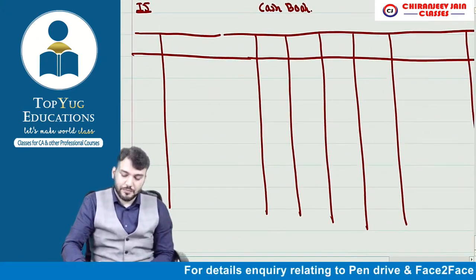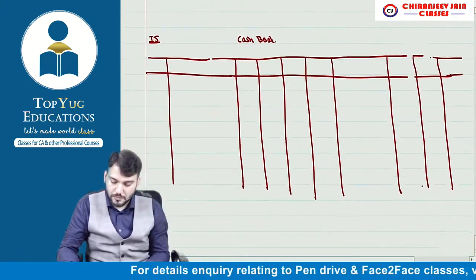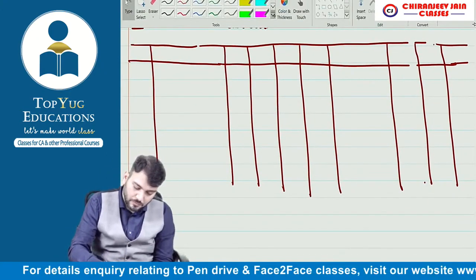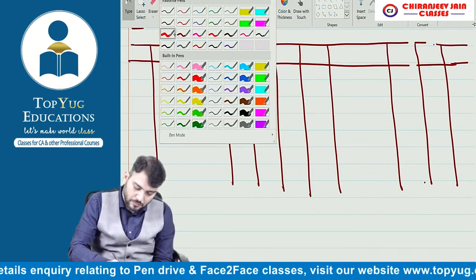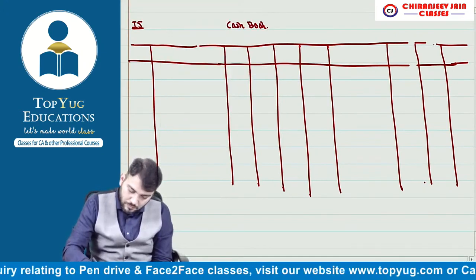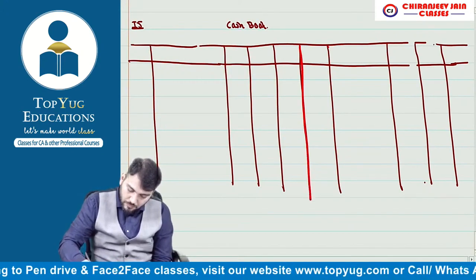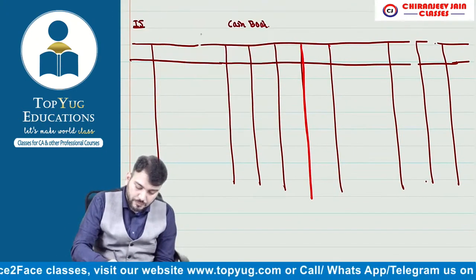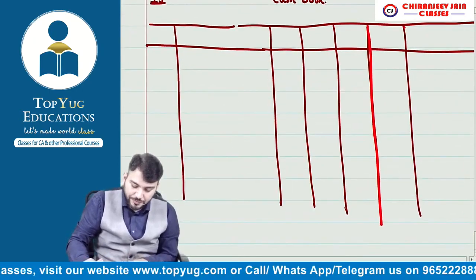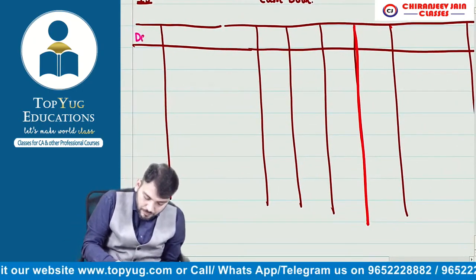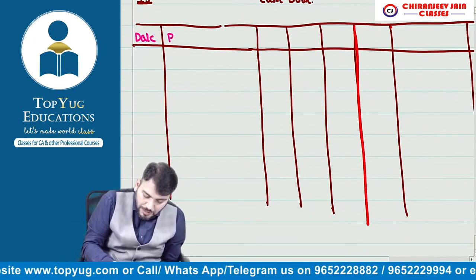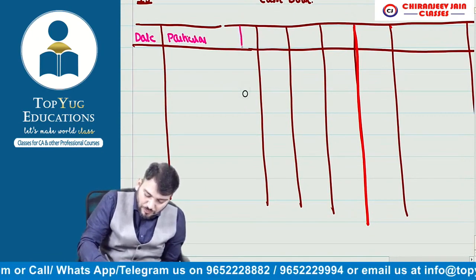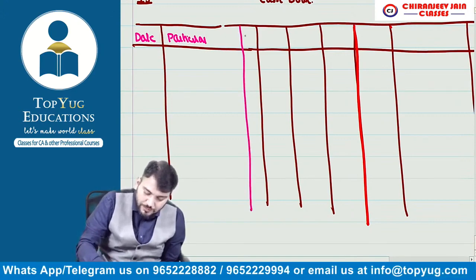Can we start? तो write down date, particulars, and also one ledger folio will be there.